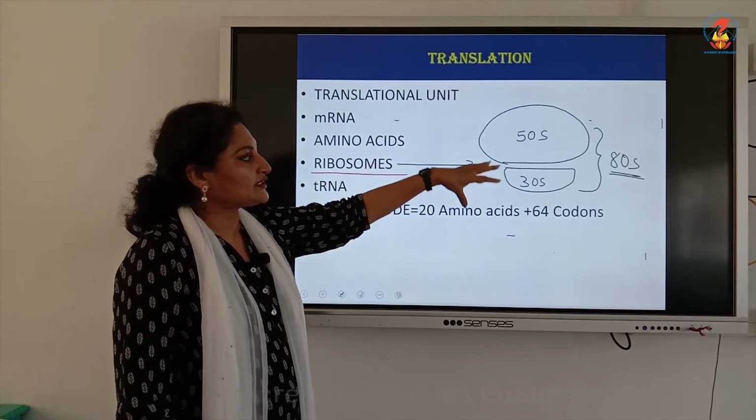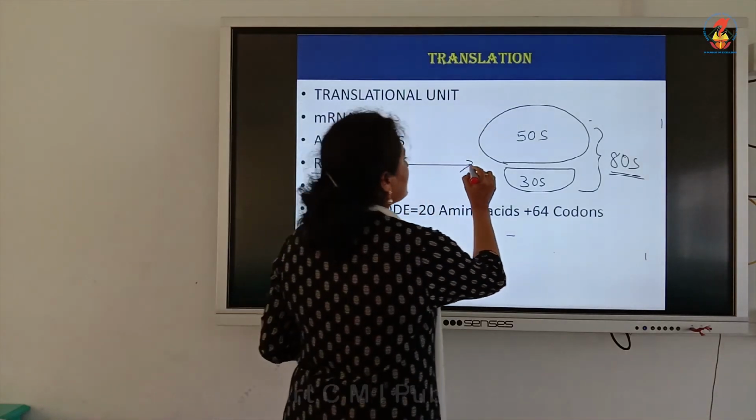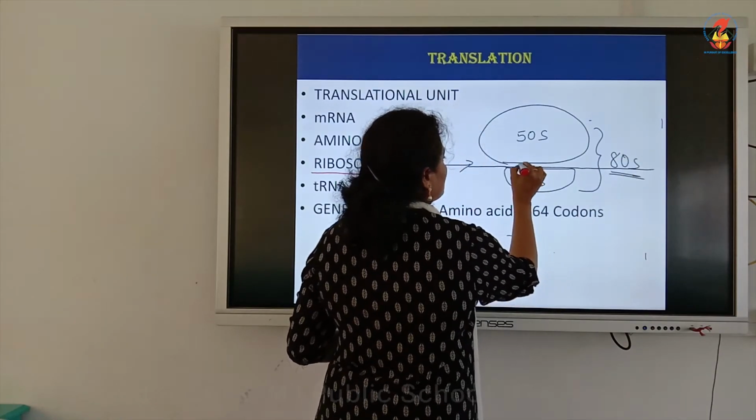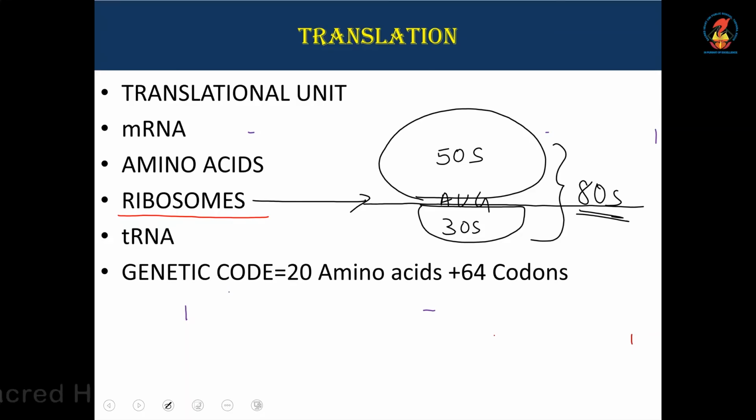The larger subunit and the smaller subunit bind at the mRNA at the start codon. Which codon does it always bind at? At the start codon, and remember our start codon is AUG. I am highlighting the start codon AUG. It always comes and binds at the start codon of the mRNA to start off protein synthesis.